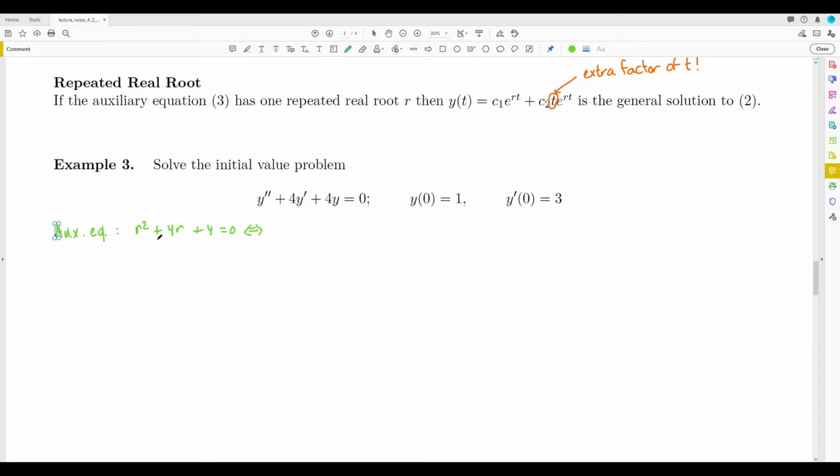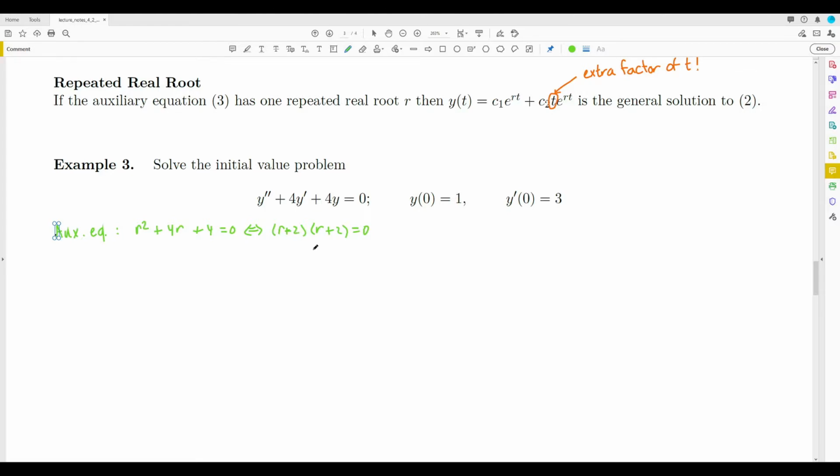To solve that, we have to look for a sum of 4 and a product of 4. And so we can factor that as r plus 2 times r plus 2 equals 0. And we see that that is a repeated root.